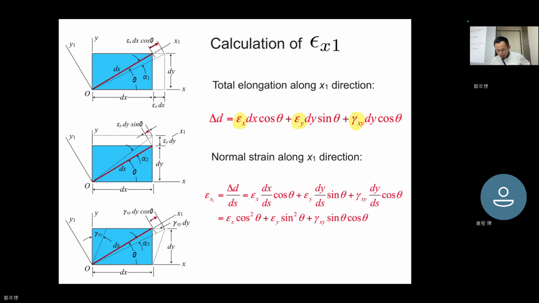So delta D is the total elongation along x1 direction, and this delta D has three contributions: epsilon x, epsilon y, and gamma xy. Let's see one by one.